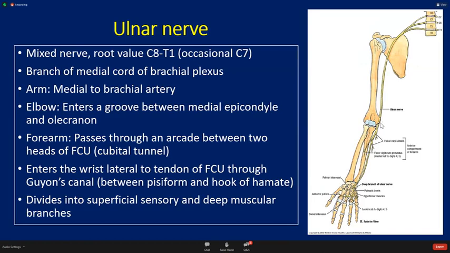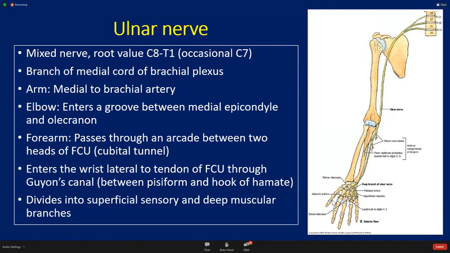As soon as it leaves that groove, it enters a fibrous arcade which connects the medial epicondyle and olecranon to the flexor carpi ulnaris. That is known as the humeral arcade, and it then takes a long longitudinal course into that arcade, which is the cubital tunnel.